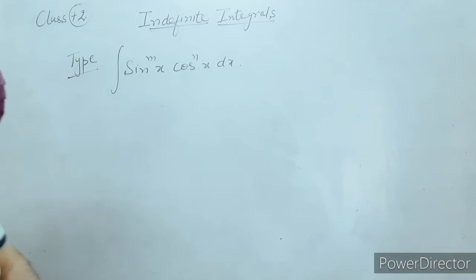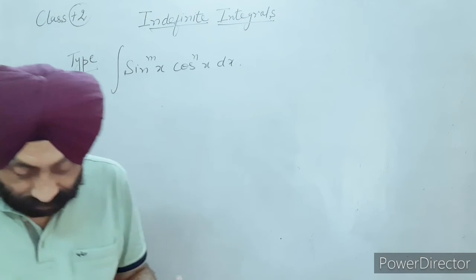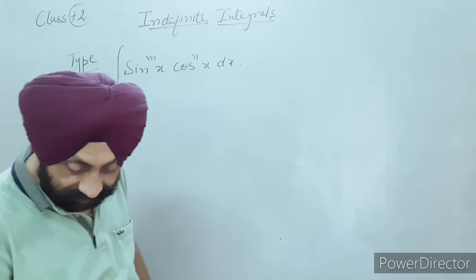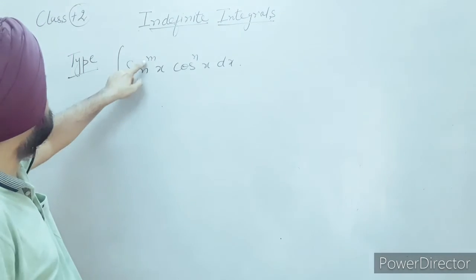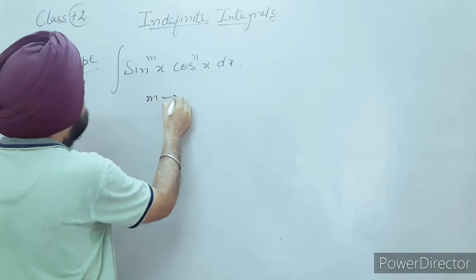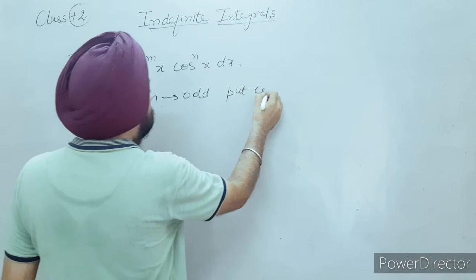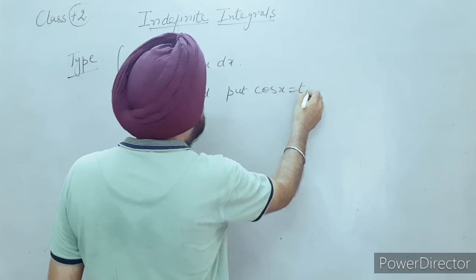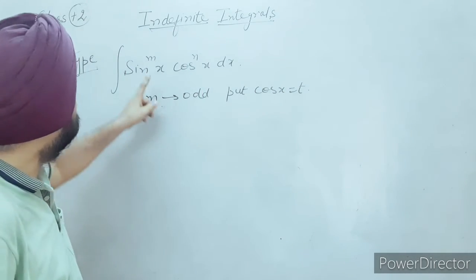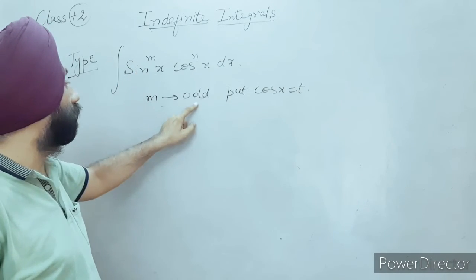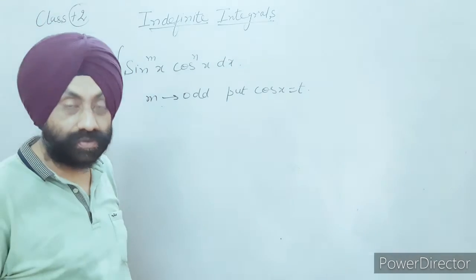There is one rule for it. If the exponent of sine x, that is m, is odd, then put cos x equals to t.